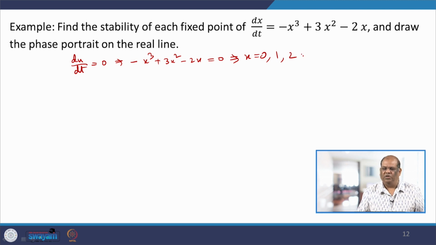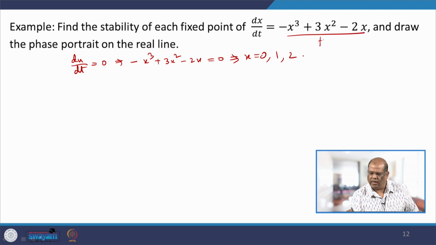Now, if you want to check the stability at x equal to 0, x equal to 1 and x equal to 2, you have to take this as f(x), and you have to find f dash x, which is minus 3x square plus 6x minus 2.